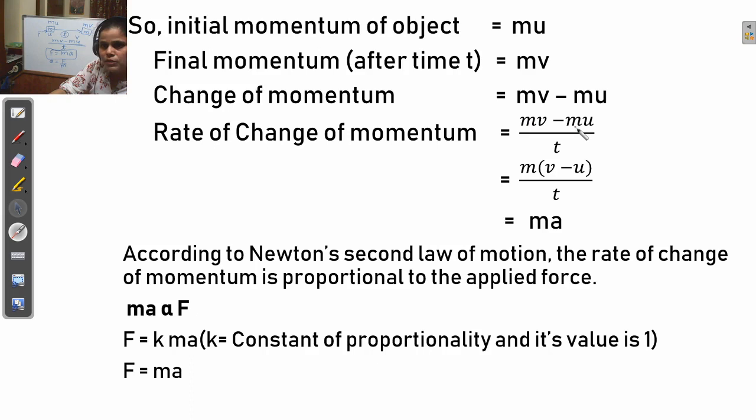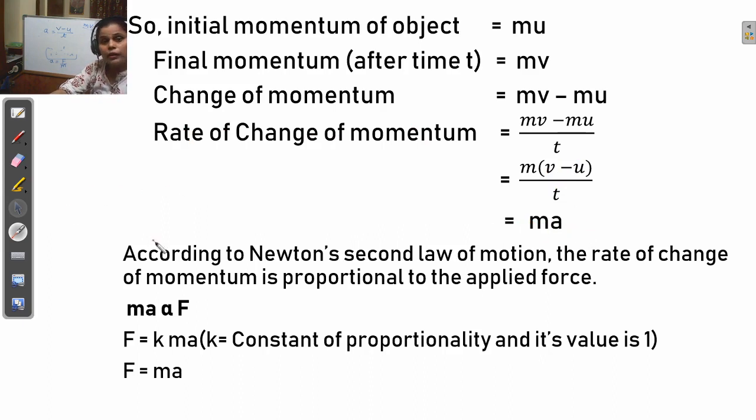Here m is common, so m times (v minus u) upon t, and we know v minus u upon t is the change in velocity per unit time, which is acceleration. So we have m into a, that is ma. That means the rate of change of momentum equals ma.